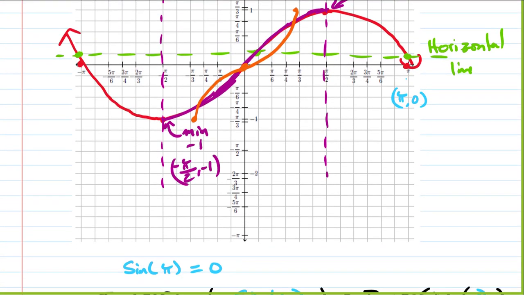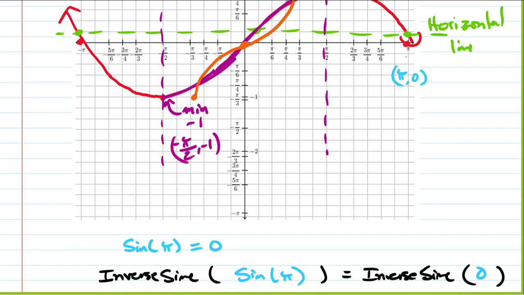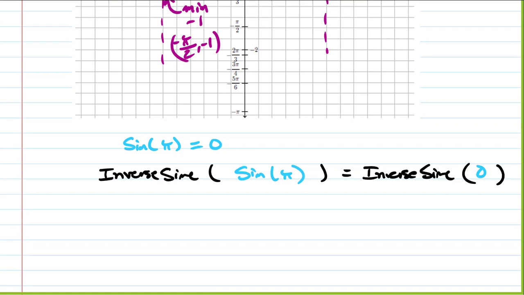But if we go to the inverse sine of 0, that's our orange function. At 0, it equals 0.